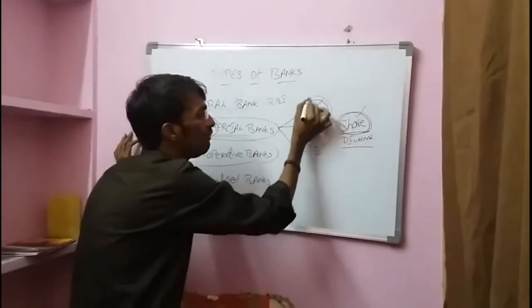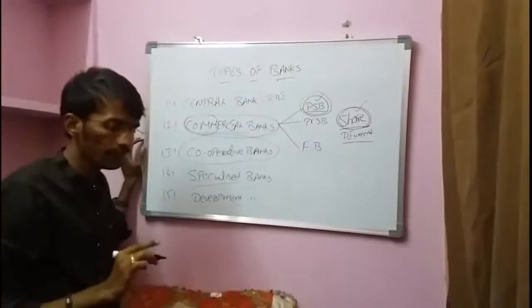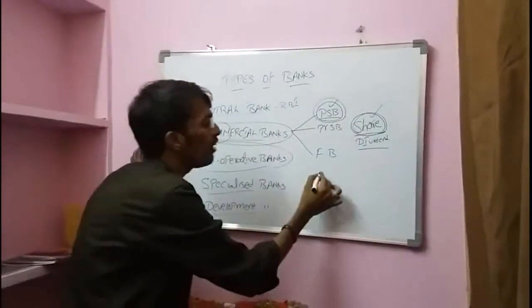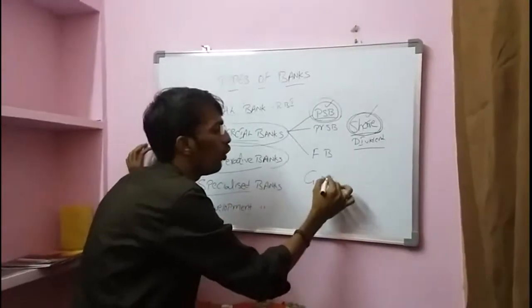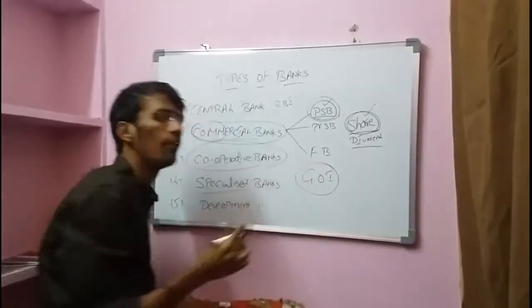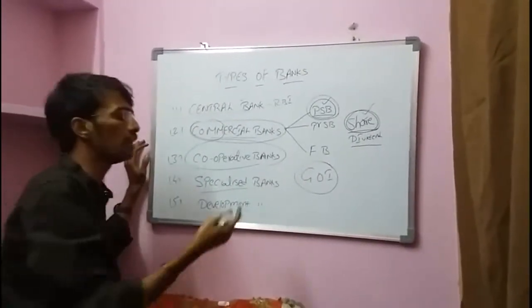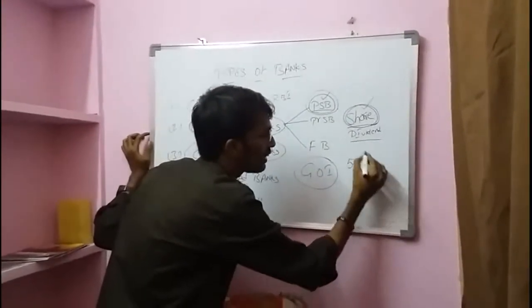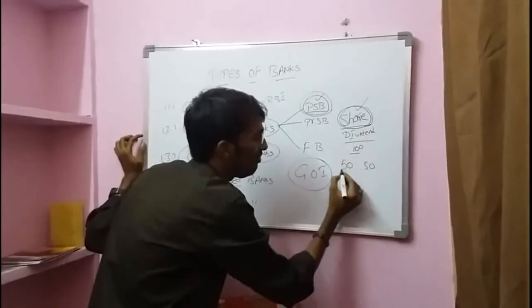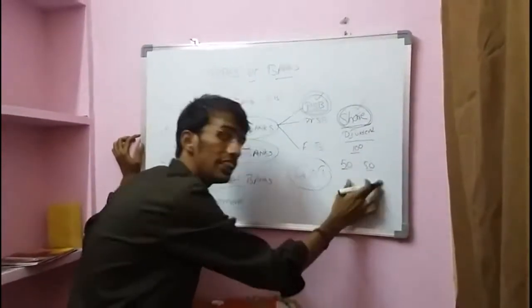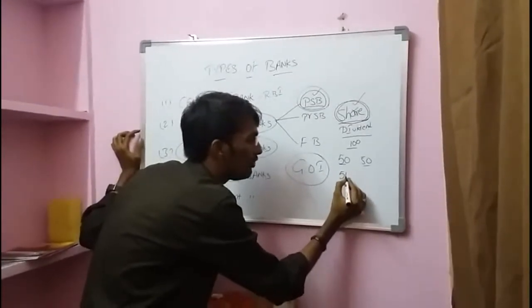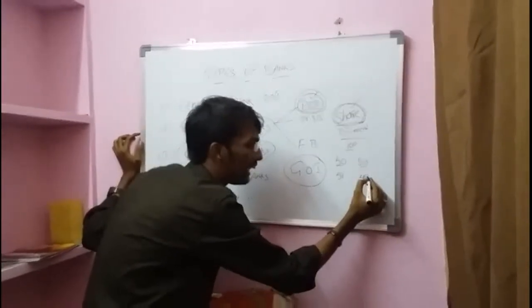Here, what is the meaning of a public sector bank? In any bank, if the government of India holds a major share. What does major share mean? Look here, 50-50 in 100% of the capital. 50-50 means these are equal shares. Whereas if it increases to 51, the other becomes 49.